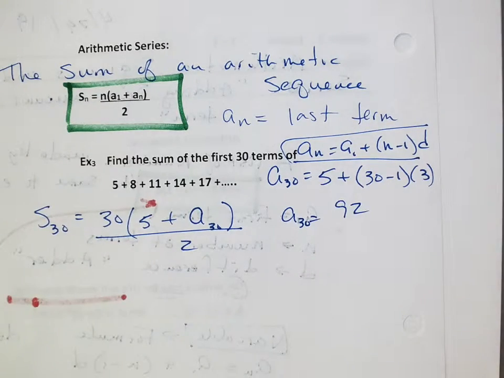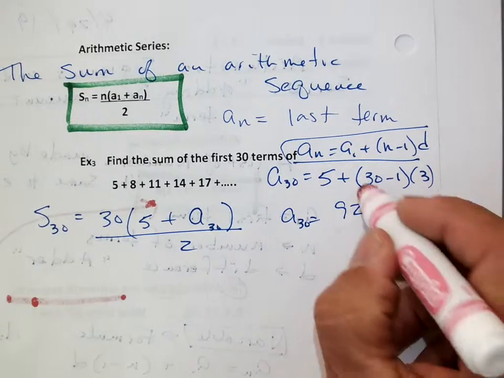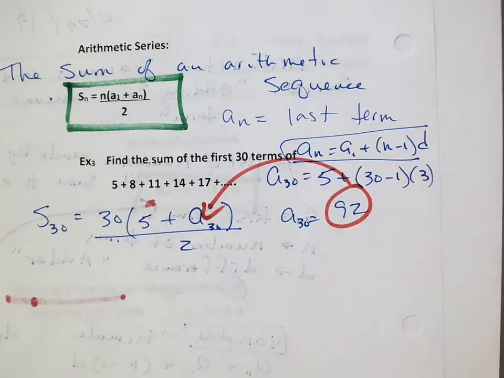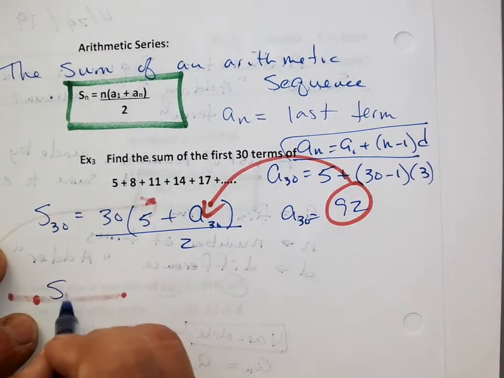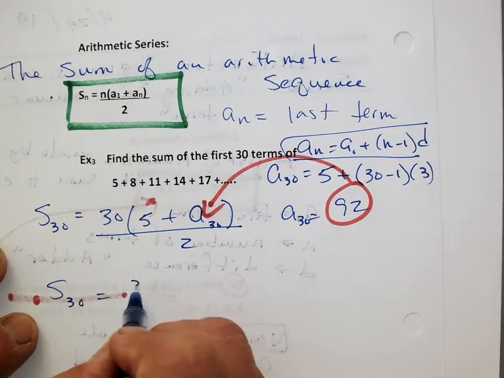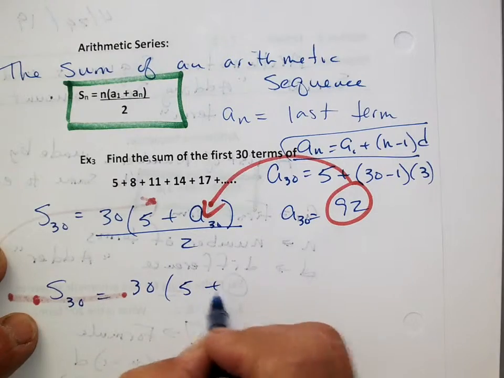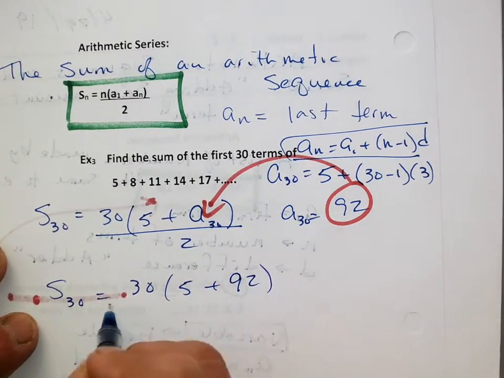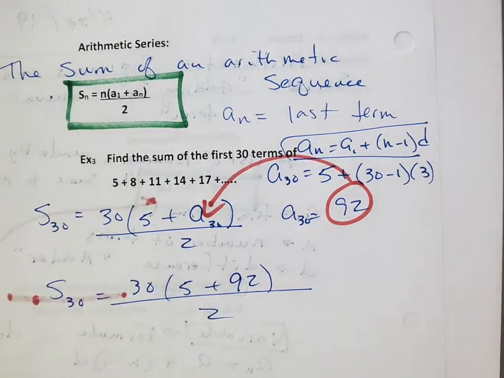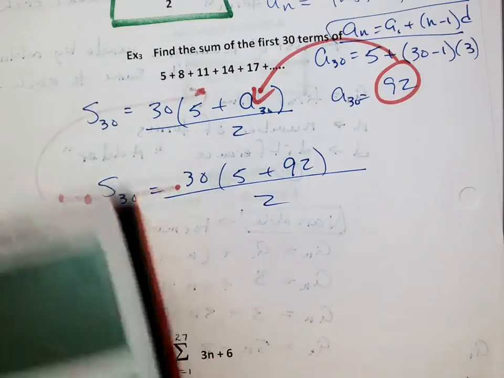So I know what the last term is. It's 92. So I'm just simply going to take this 92 and put it right there, okay? Because that's my 30th term. So finally, ready? S of 30 equals 30 times 5 plus 92 divided by 2. And again, I'm just going to use my calculator because that makes it easy for me.